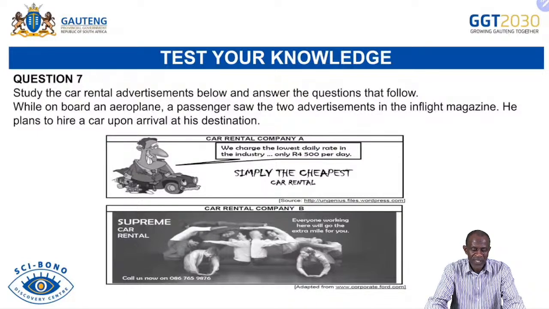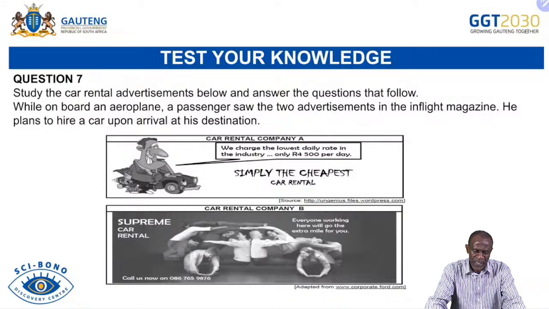Welcome, grade 12s. Let's now wrap up by testing our knowledge of what we have learned. As I've alluded to, in the final examination, you will come across questions based on today's topic, which is professional image in the tourism industry.